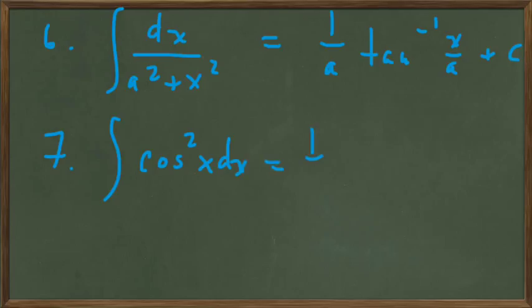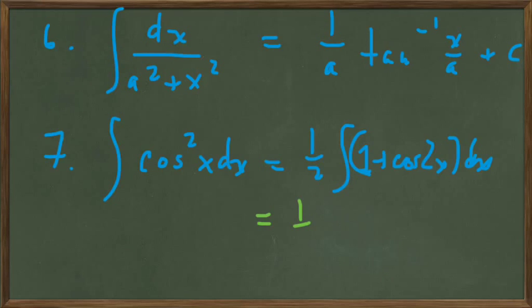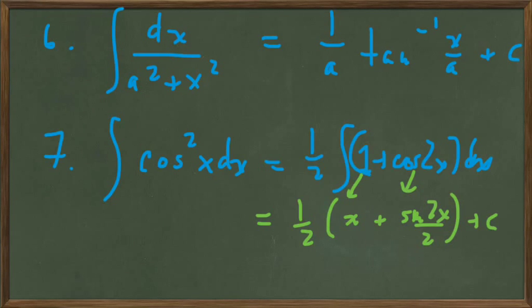If we rewrite that as 1/2 times 1 plus cosine of 2x dx using one of the trig identities, then we get this. When we solve it, we get what? 1/2. We integrate the 1 to get x. We integrate the cosine 2x to get sine of 2x over 2 plus c.